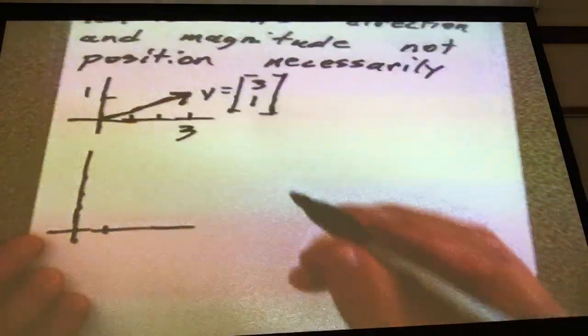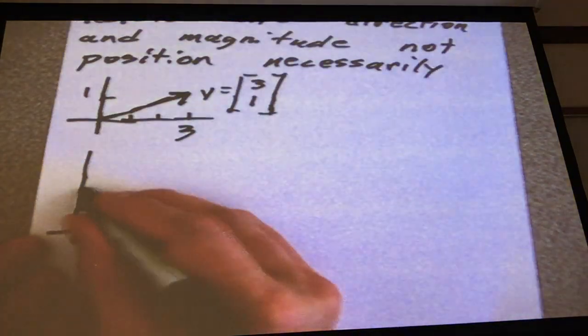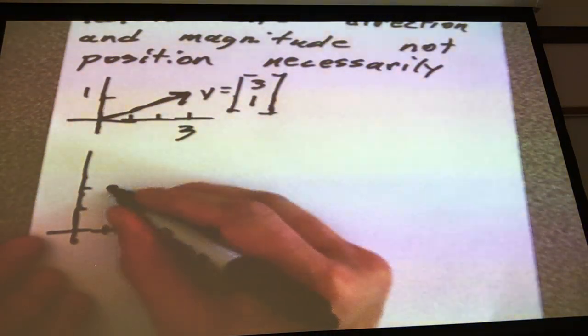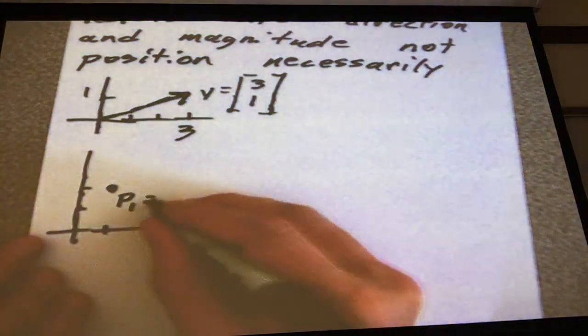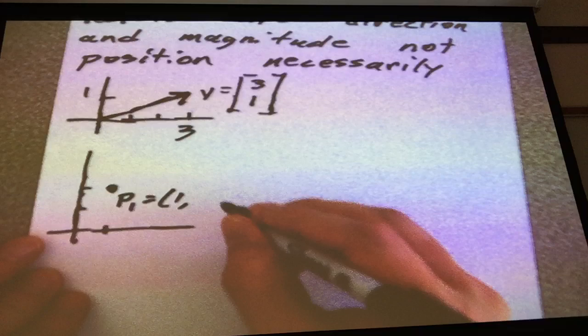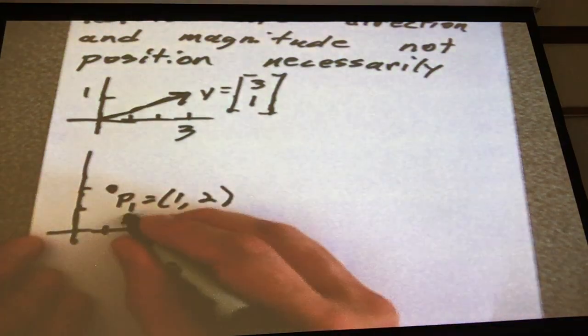Okay, so 1, 1, 2. Okay, so let's say P1 equals (1, 2). All right, so this is the initial point.